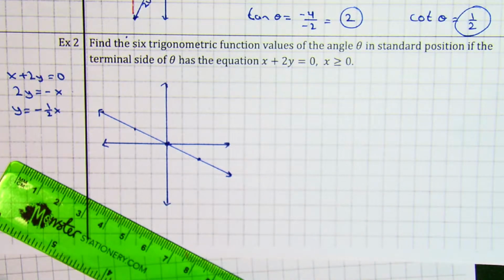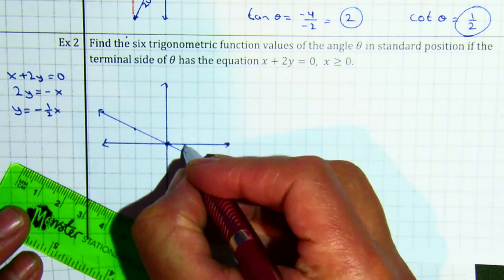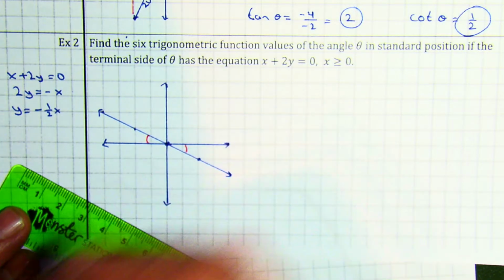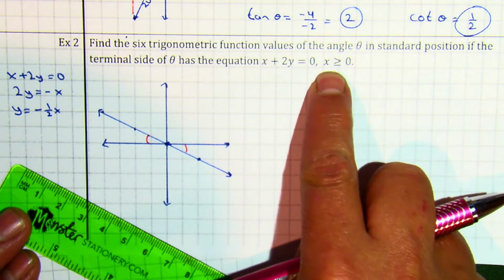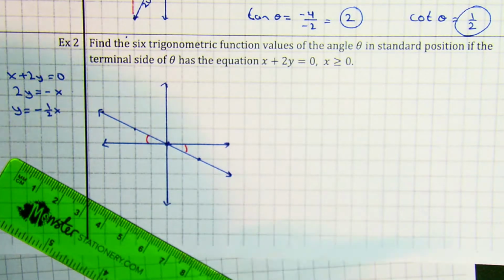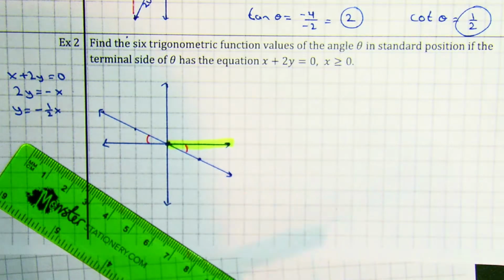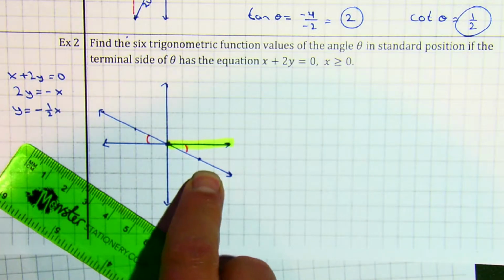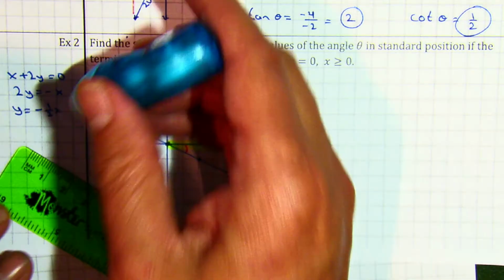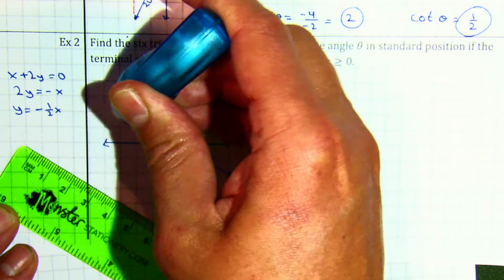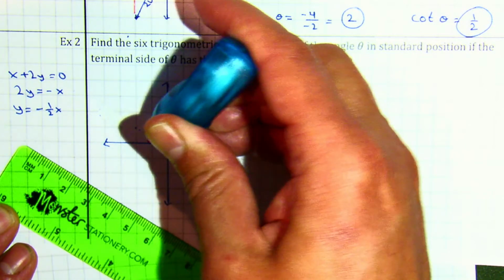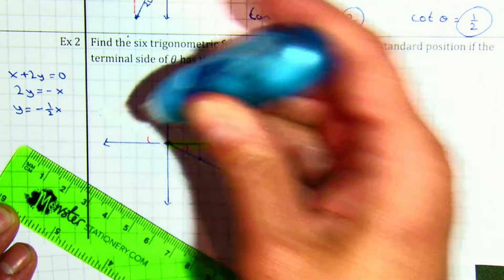And now I need to decide whether I need to use this angle or this angle here. This tells you that x is greater than or equal to 0. So therefore, we need to use this line here, so I erase my other part. If x was less than 0, then I'd be using the other angle.